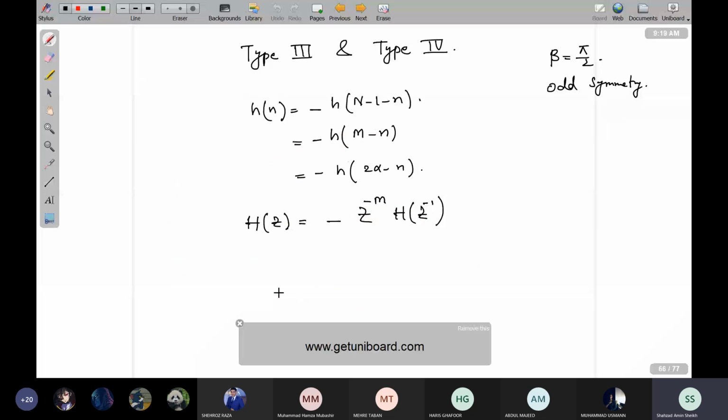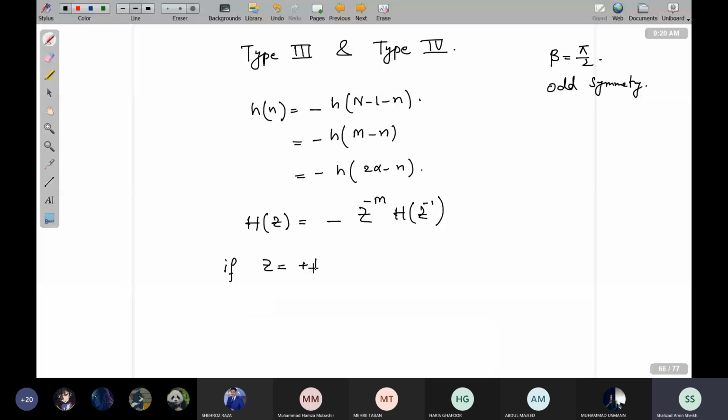Okay, let's see that. Suppose z is equal to +1. Then what will happen to h of 1? I am putting it in this equation. That is equal to minus 1 raised to power minus m, and h of 1 over 1 would be h of 1.